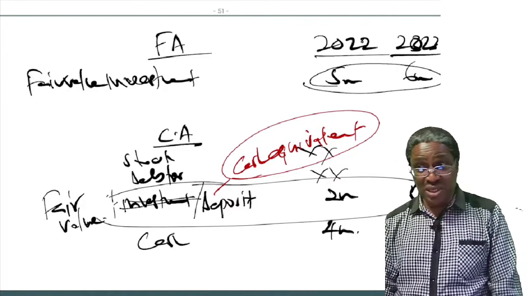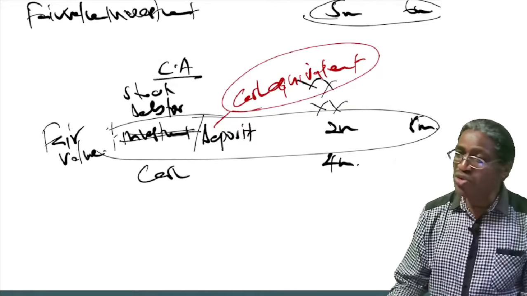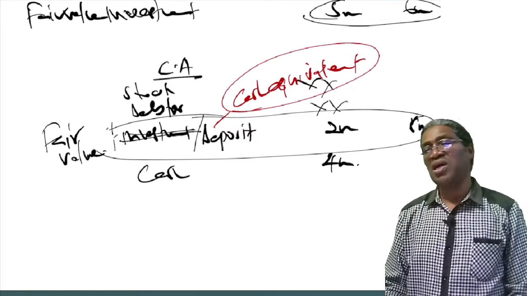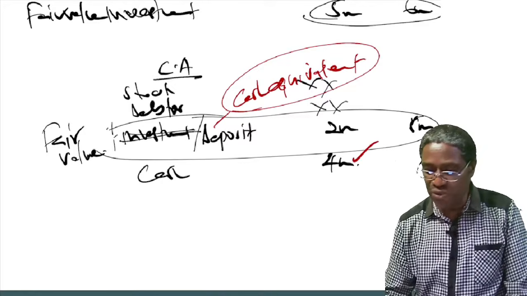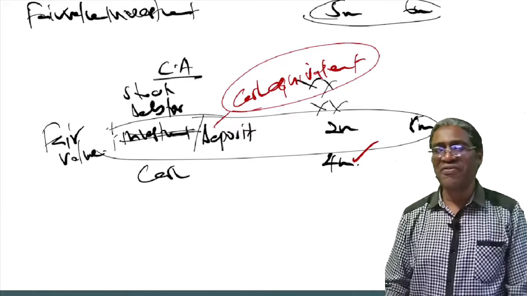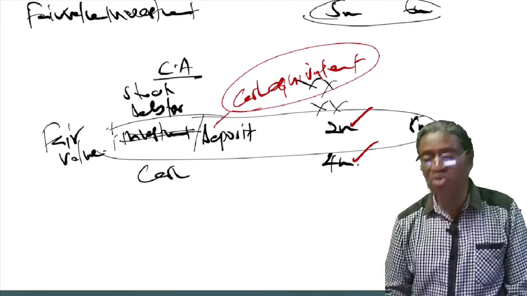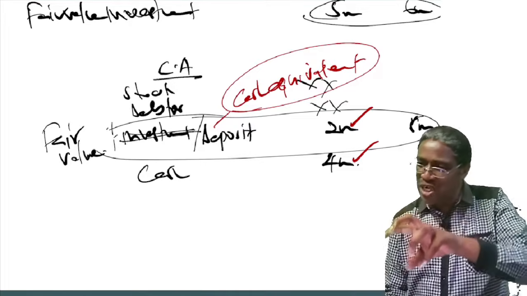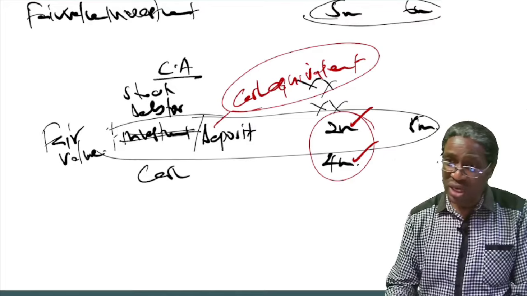So it means, when I come to this balance sheet, and I want to determine the opening cash and cash equivalent this year, I'll go to the balance sheet last year. I'll see there is a cash of 4 million and there is a fair value investment of 2 million. So my opening cash and cash equivalent will be how much? 6 million. Are you there?